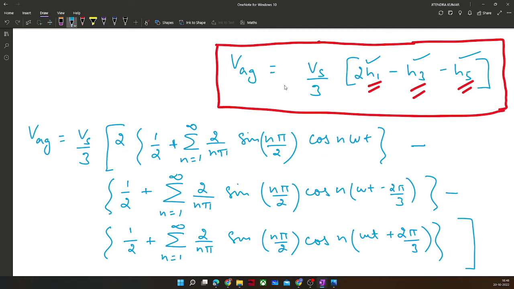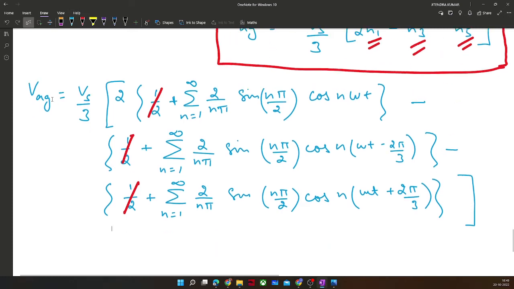Here, if we see carefully, this 2 into half will get cancelled out from these two terms. This half in minus, this half in minus, so minus 1, and this plus 2 into half will be plus 1. So this DC term will get cancelled, and that's the behavior of your inverter output voltage because that is AC, so DC had to go away. From the expressions also you can see that this DC term is cancelled now.